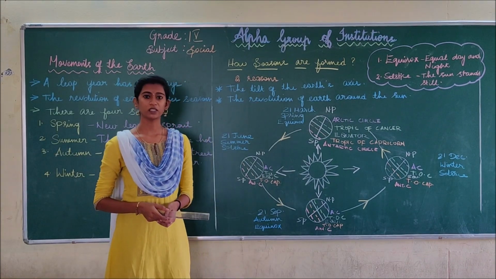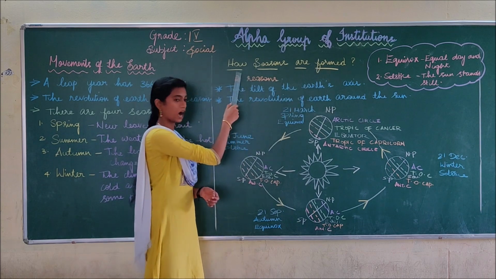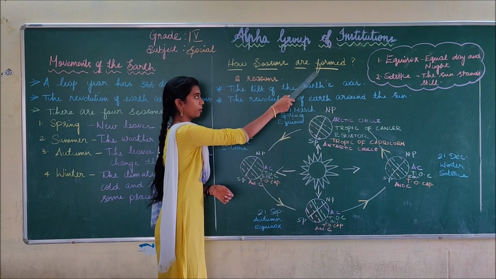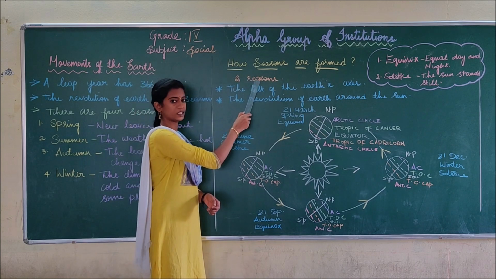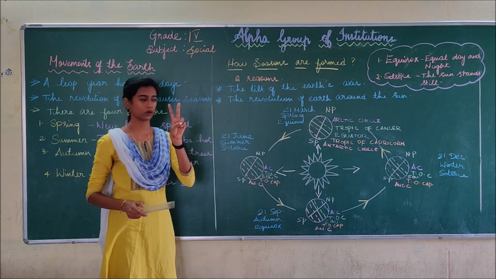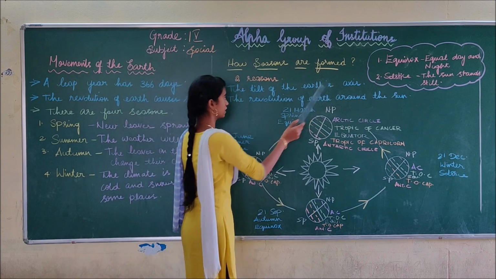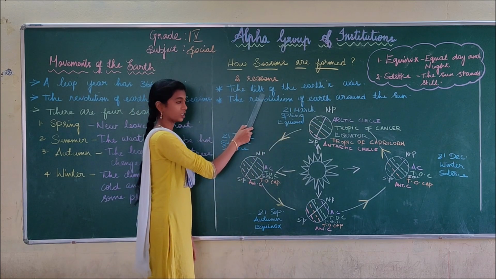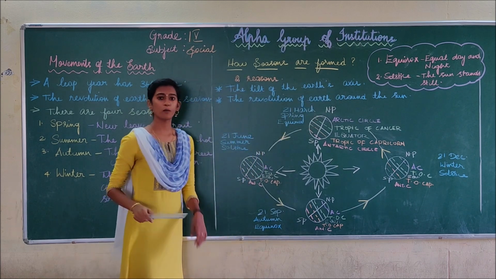Now we are going to see how seasons are formed. Seasons are formed due to 2 reasons. How many reasons? 2 reasons. The tilt of the Earth's axis. Tilt means moving in a slope.